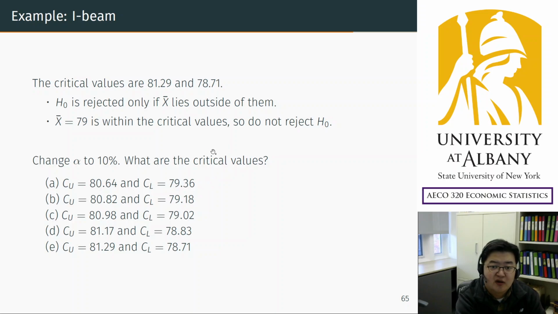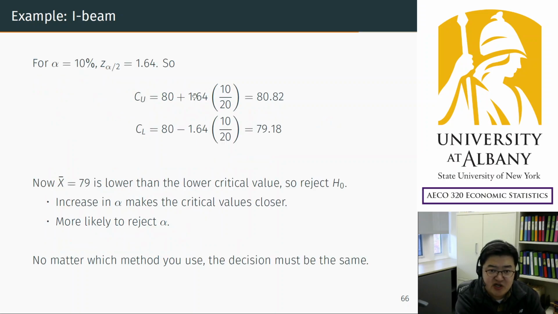Now this part changes. So 10% implies 1.64: top 5%, bottom 5% implies 1.64. Plus minus 1.64 is used, and the margin is recalculated this way, but the center is the same.